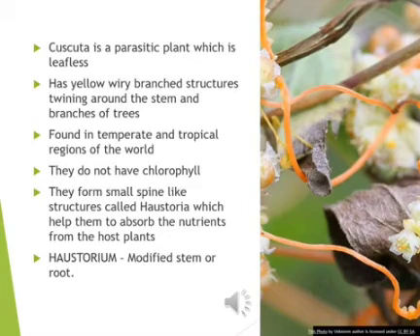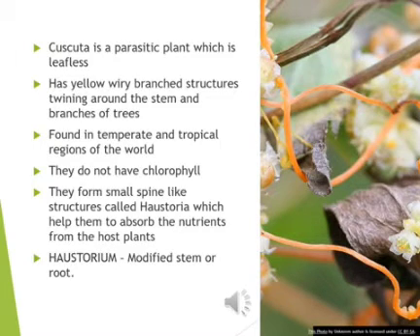Take the example of Cuscuta, which is a parasitic plant. Now this plant grows in tropical regions and has yellow wiry branch structures twining around the stem and branches of trees. Now you can see that in the picture.